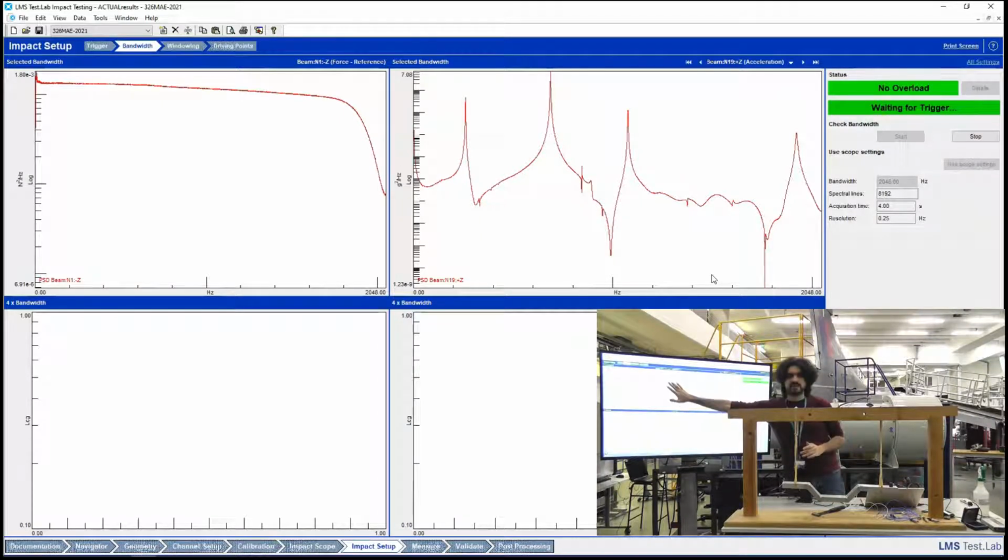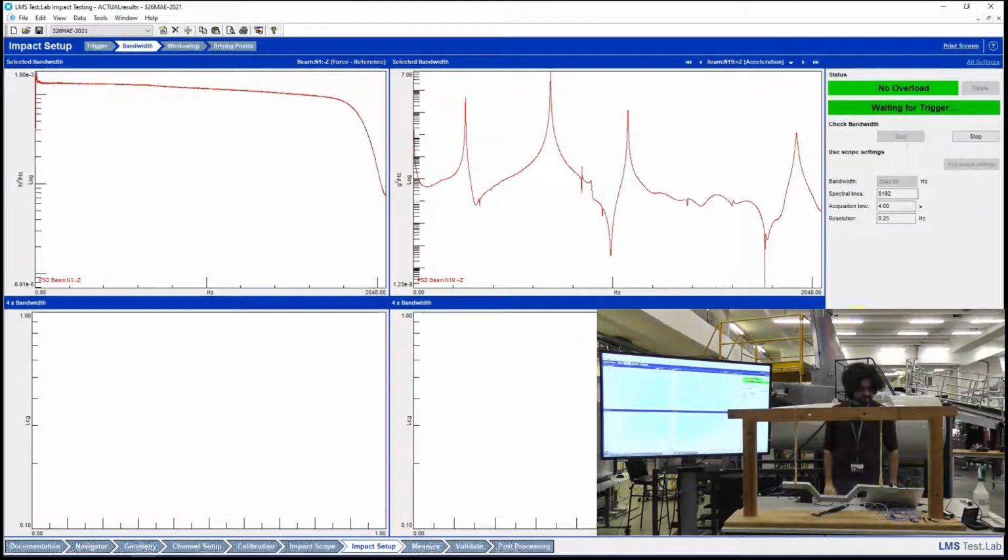Now, if this is constant, it retains the same shape. Ideally, this should be completely constant. So what we can say is that we can't really trust this last part of the spectrum, because the hammer can't reach that far.